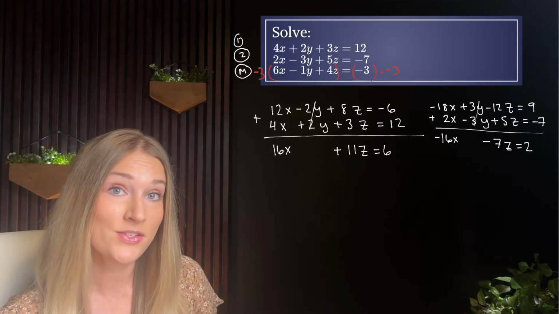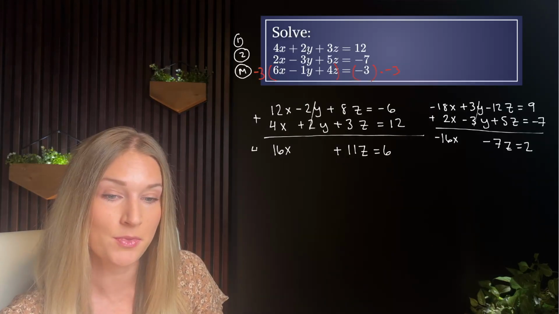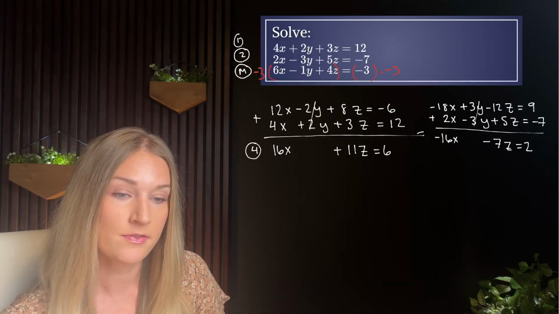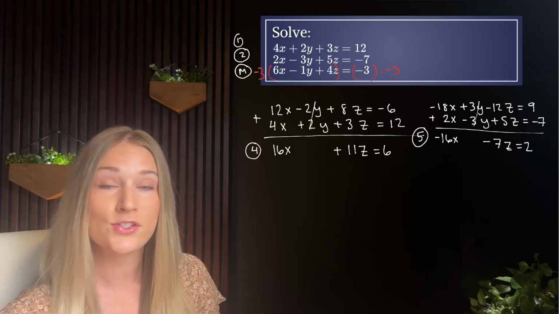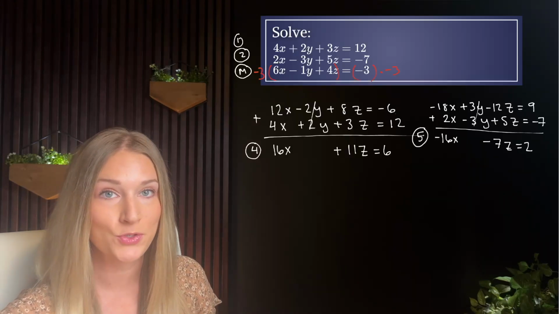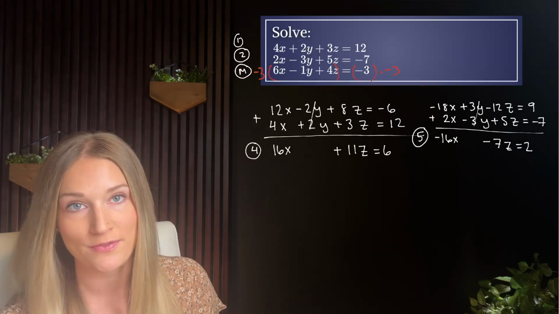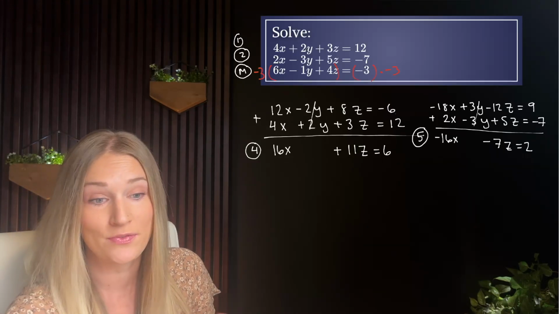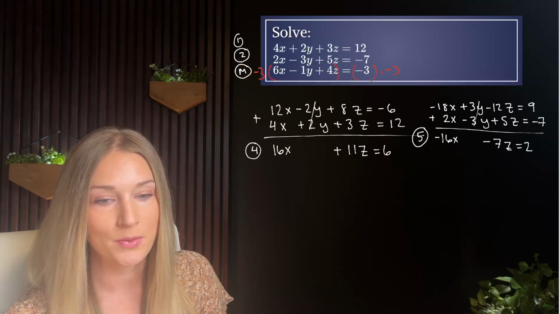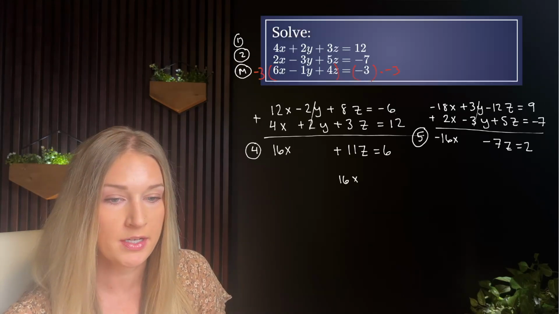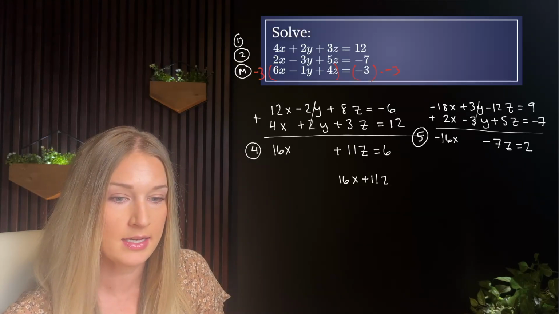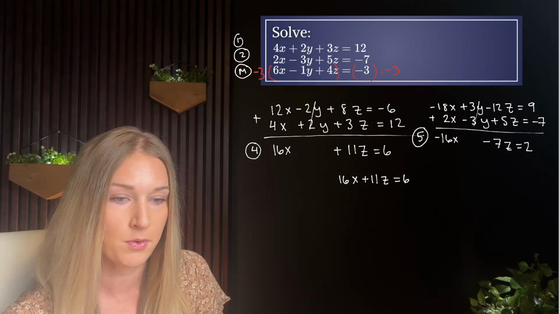So these 2 equations that I have now, I'll call them equation number 4 and 5. These 2 equations have the same 2 variables. So I'm going to go back to our old problems on solving systems of equations, and I'm just going to solve this one like normal. I'll go ahead and write equation 4 here, and then I will line up equation 5 right beneath it.